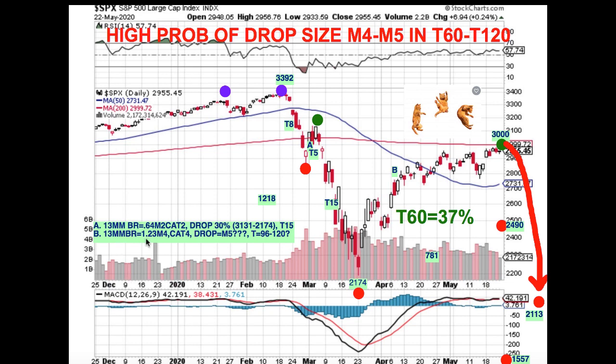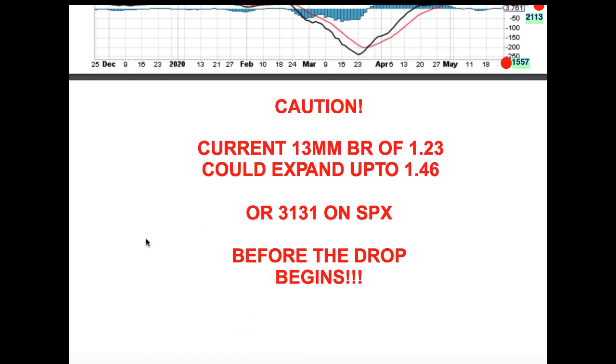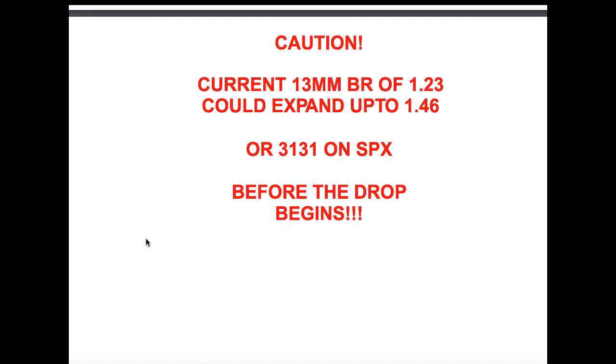And on the ratio itself, I want to give you a word of caution. I showed you the very first example on Tesla, where it had a bounce ratio of 1.68. Right now we're already in a very unique situation in markets where we have a bounce ratio of 1.23 within a very short amount of time. The word of caution is that the bounce ratio could actually expand all the way up to 1.46.